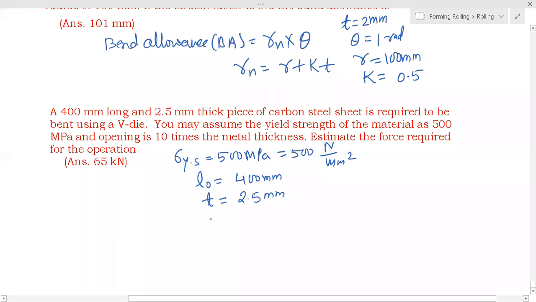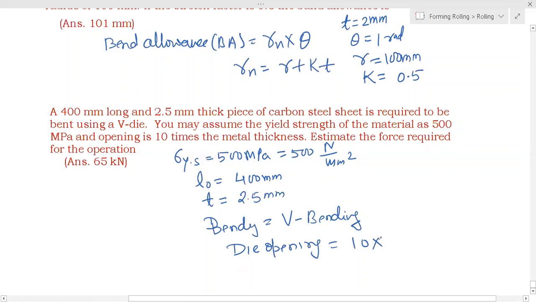V bend. Die bending is your V bending. Opening. Die opening is 10 times the metal thickness, that is 2.5, that is 25 mm. Estimate the force.